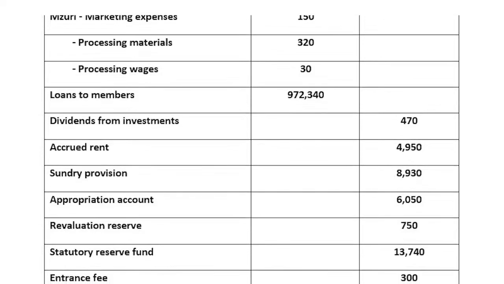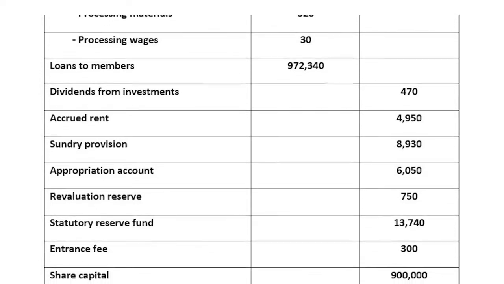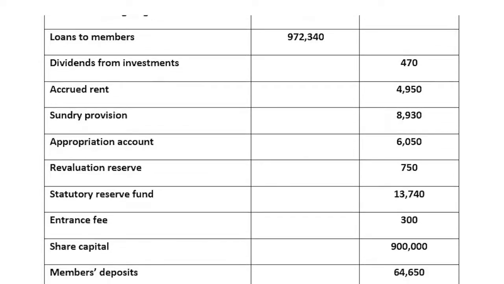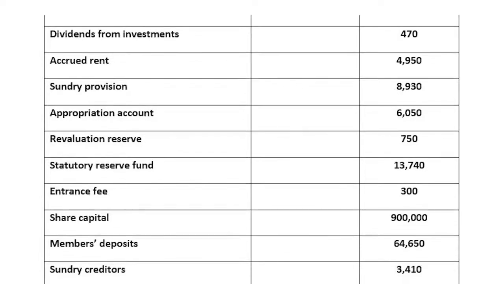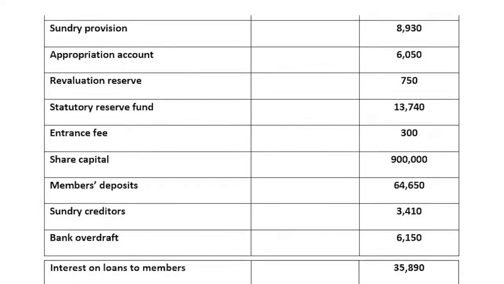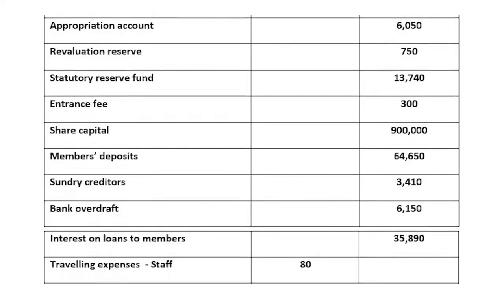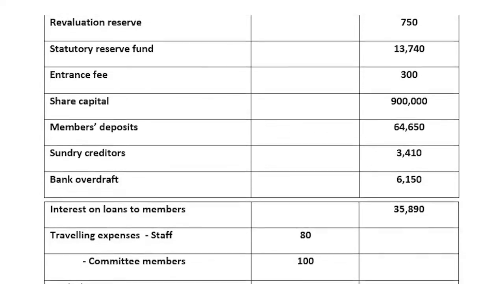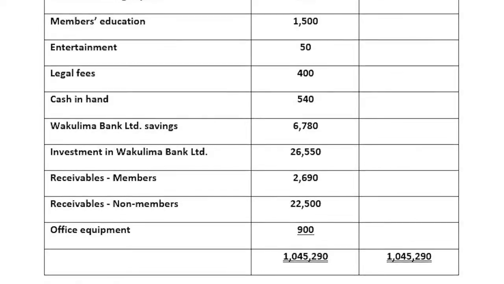Then we have loans to members, dividends from investment, accrued rents, salary provision, appropriation account, revaluation reserve, statutory reserve fund, entrance fee, share capital, members deposit, salary creditors, bank overdraft, interest on loans to members, and then we have traveling expenses for staff, for committee members, bank charges, bank interest, salaries and wages, committee education, committee seating allowance, printing and stationery, general meeting expenses, members education, entertainment, legal fee, cash in hand, Wakulima Bank Limited savings, investment in Wakulima Bank Limited, receivables from members, receivables from non-members, and then finally we have equipment.